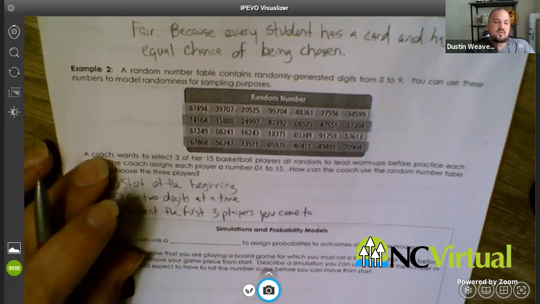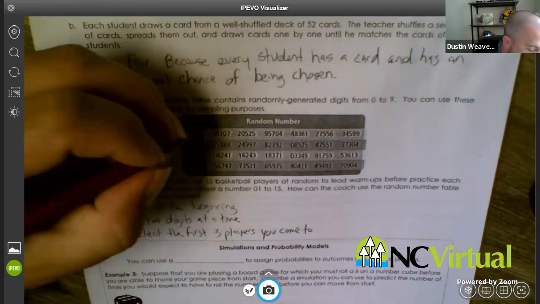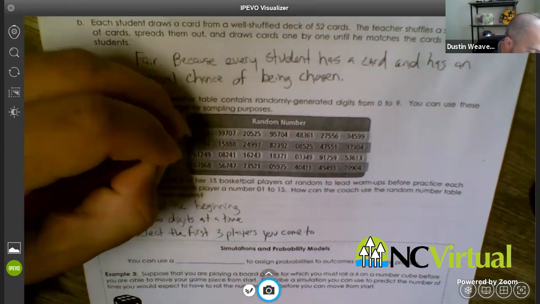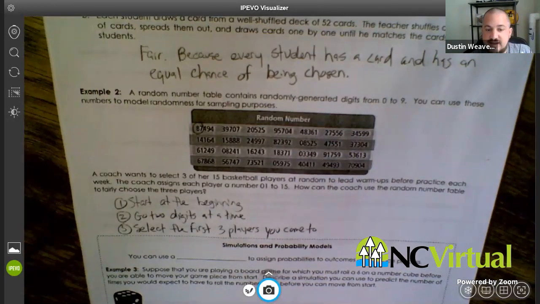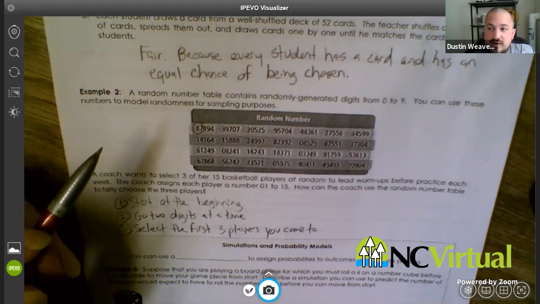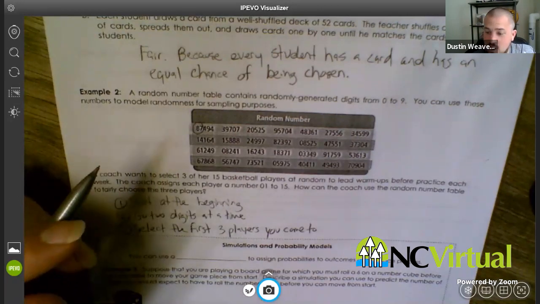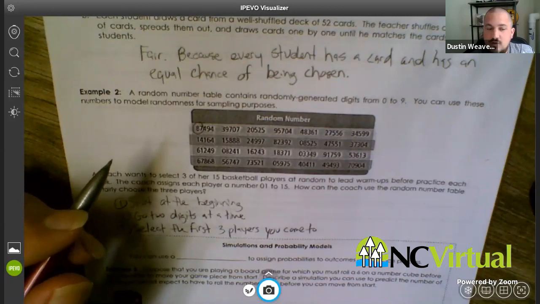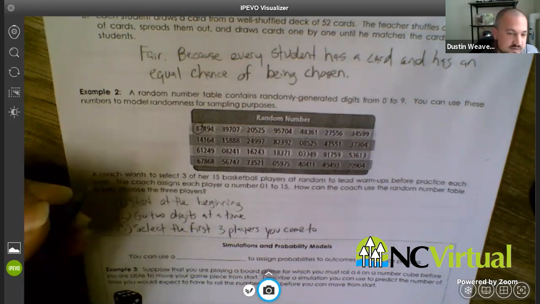So let's do that, okay? Let me show you how that's done. So if we start in the top left, the first 2 digits are 87. We don't have anybody numbered 87. All our players are numbered 01 to 15. So they're 01, 02, 03, 04, 05, 06, 07, 08, 09, 10, 11, 12, 13, 14, 15.